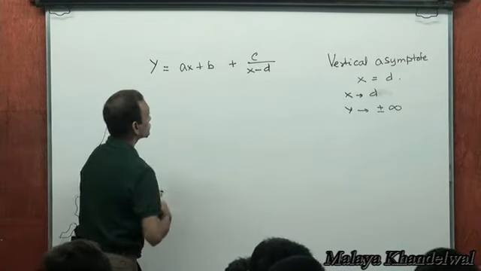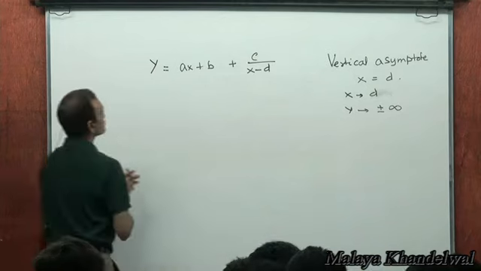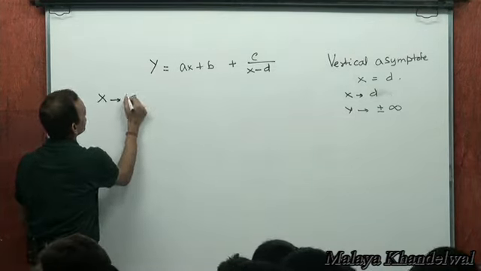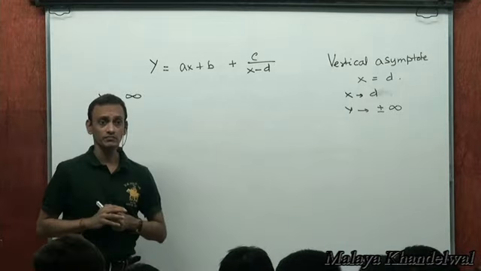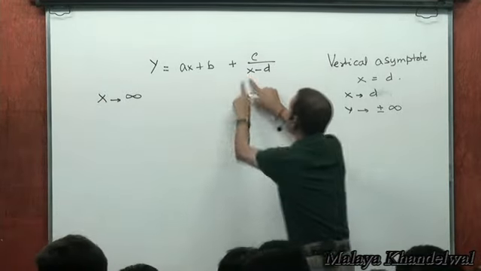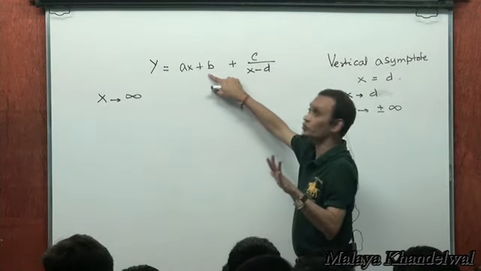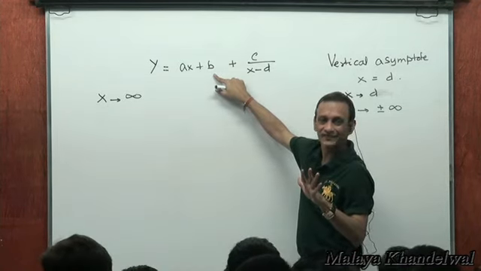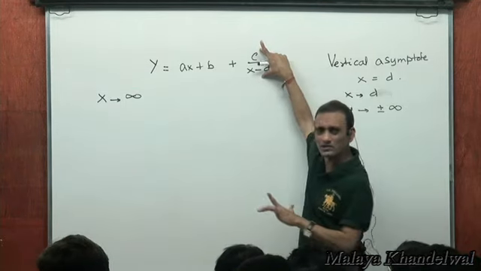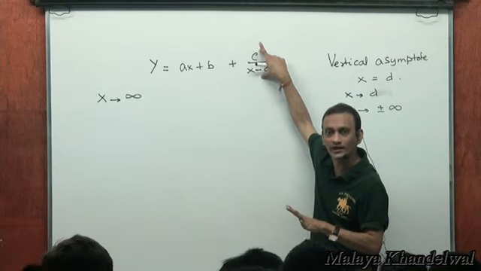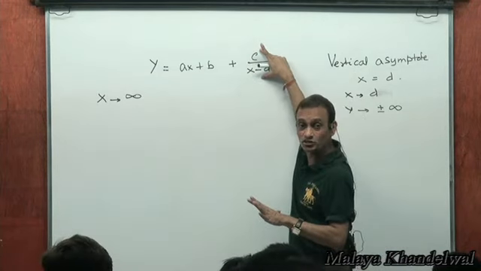Now, also realize that if x is very far away from the origin, as x tends to infinity, that means as this becomes larger and larger, then the curve comes closer and closer to this straight line. Do you realize that? Because this becomes smaller and smaller as x tends to infinity.